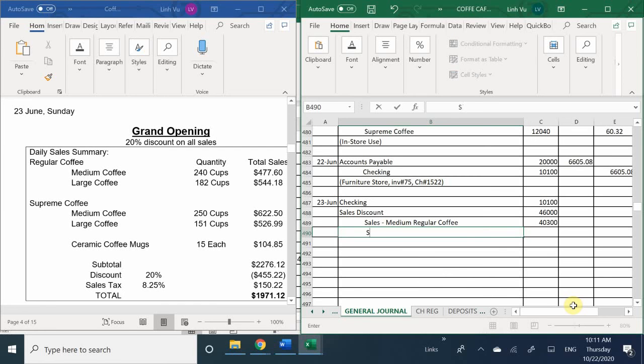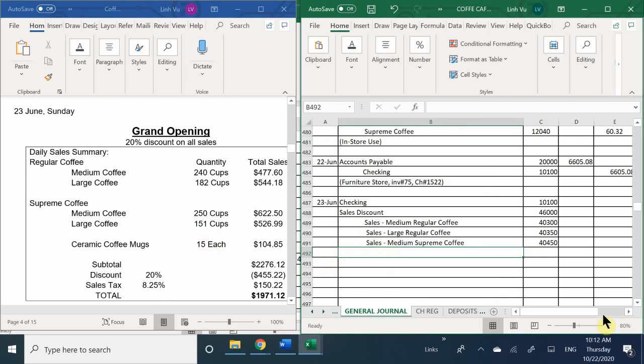Sales large regular coffee for 43.50. Then sales supreme medium coffee, 40.50, my apologies.